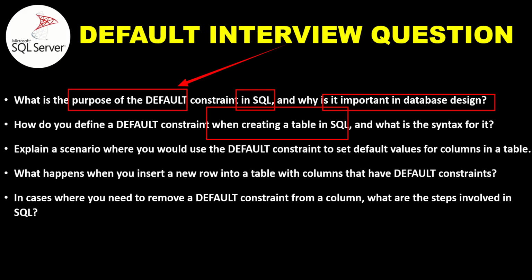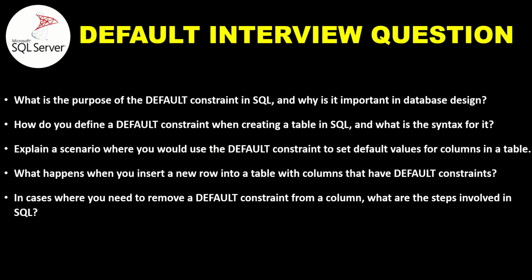Next, explain a scenario where you have used the default value constraint. In our current database, insurance premium, I was dealing with Massachusetts employees, so I had to provide only MA as a location, and I used a default constraint for that.